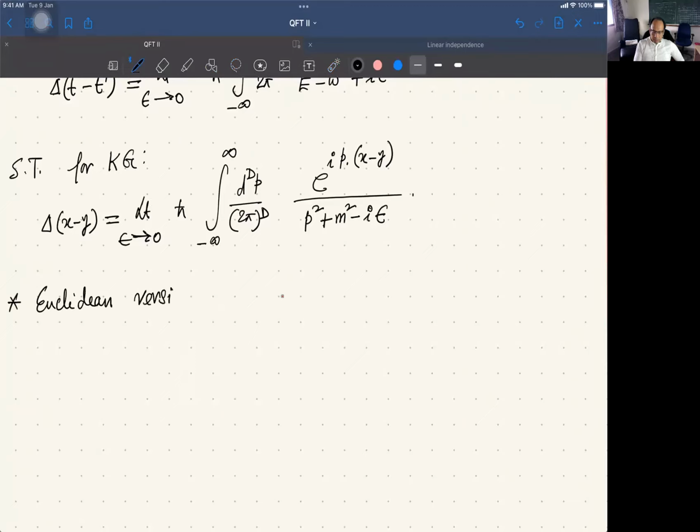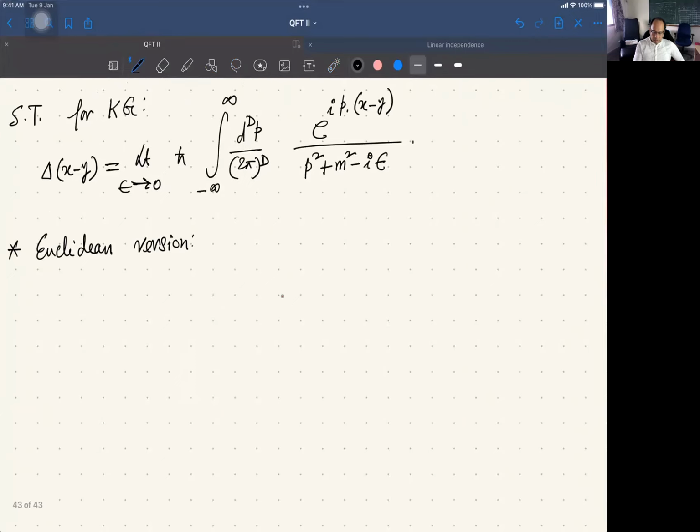the Euclidean version is given by, so define the Euclidean Green's function of x bar minus y bar, which by definition is the same as delta(x - y), with x0 equal to minus i x bar 0, and x^i the same as x bar^i, and so on for y also.